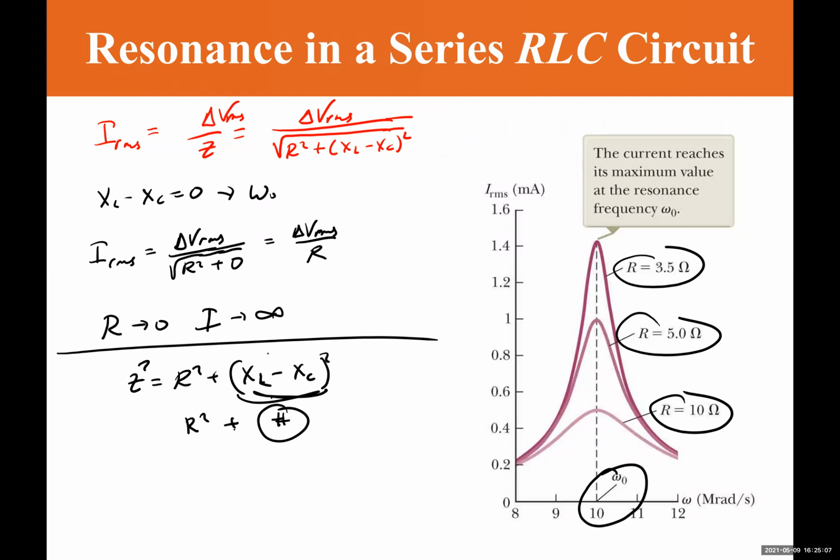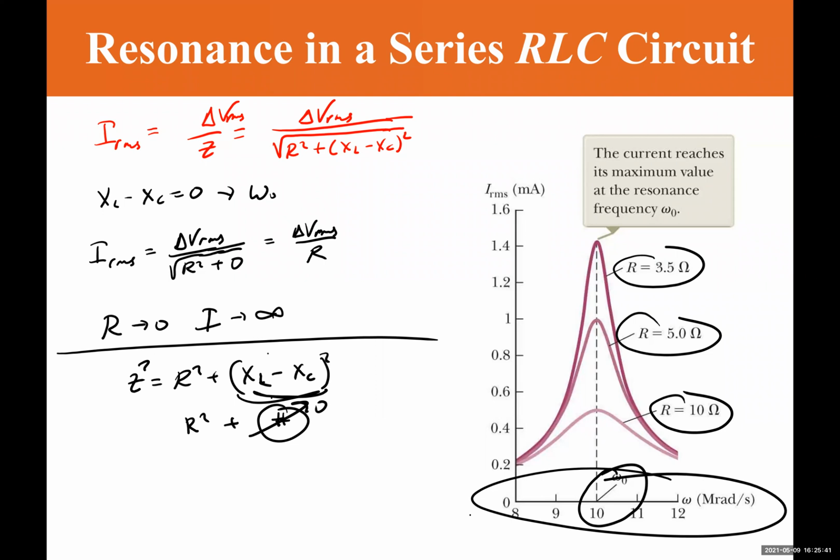That means impedance is always going to be larger when the circuit gets contribution from the reactances. But when this is 0, your impedance is the lowest during the entire range of frequencies. Remember, impedance is the resistance of an RLC circuit. Where impedance is the lowest, the current is the maximum. So at this frequency you get the lowest impedance, which means you get maximum current in your circuit during the entire range of frequencies.